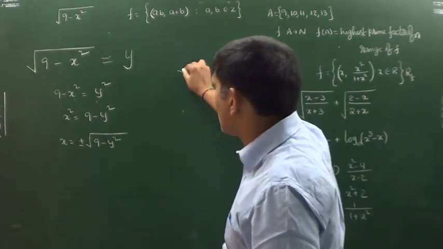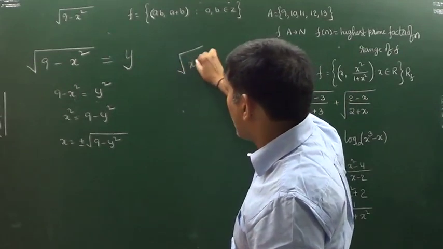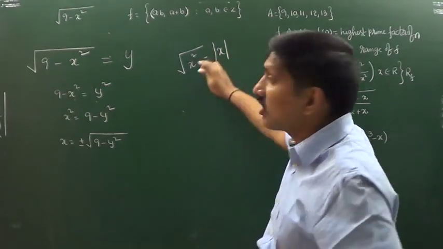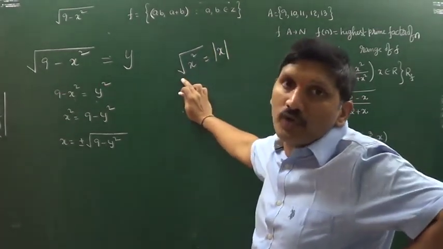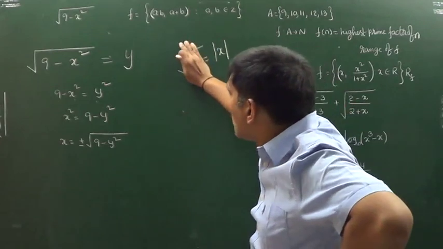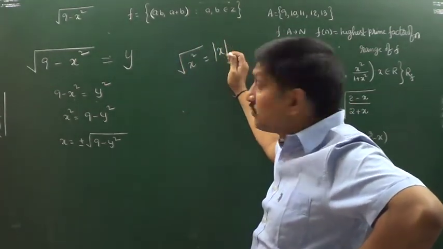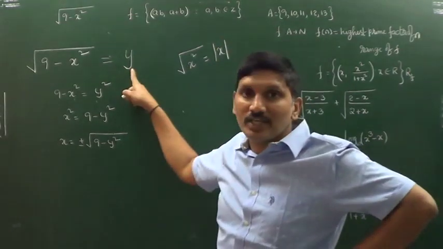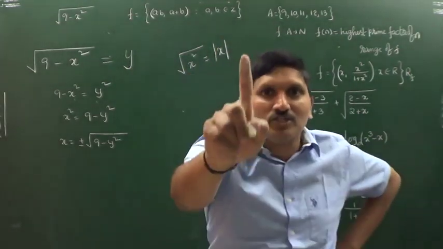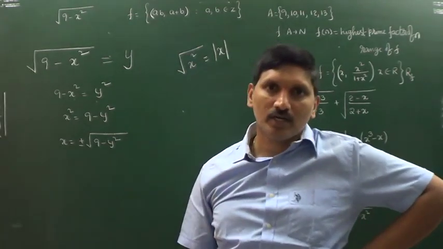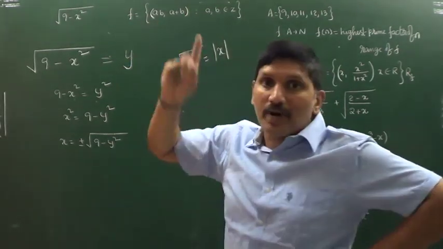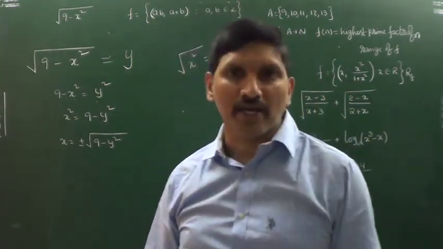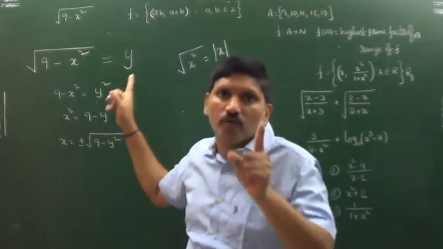Root of x square, we have to write always mod x. That's why we call this the positive square root. So from a root, the output whatever you get must always be positive. That's why the y values are positive. Clear or not? The values of y must be positive. That is the main point, you have to keep it in mind.